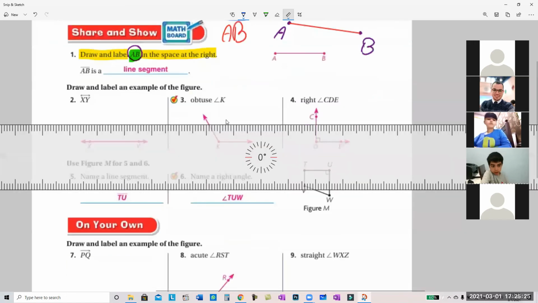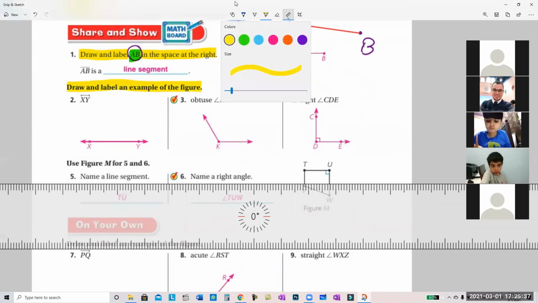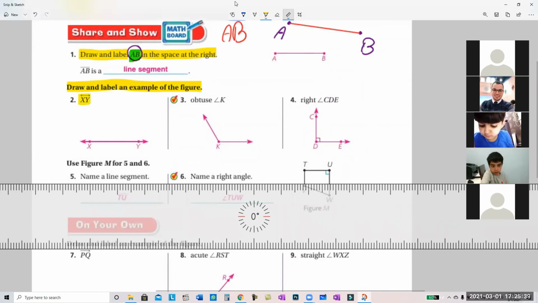Okay, now let's do the next one. Let's draw and label an example of the figure. We have here, as you see, X, Y, and a small line above it. So we're gonna draw a line.